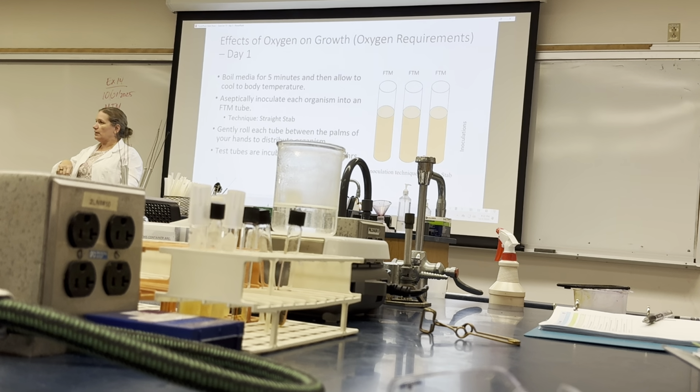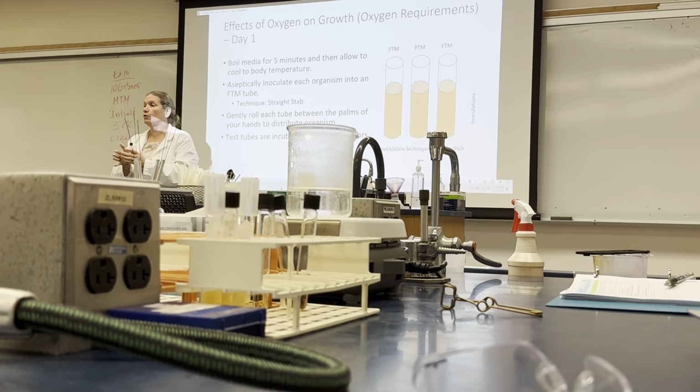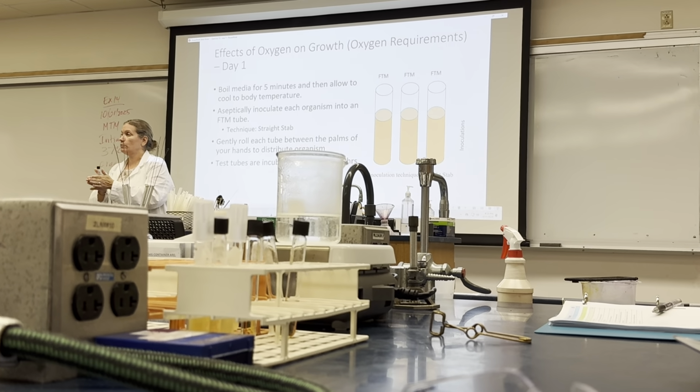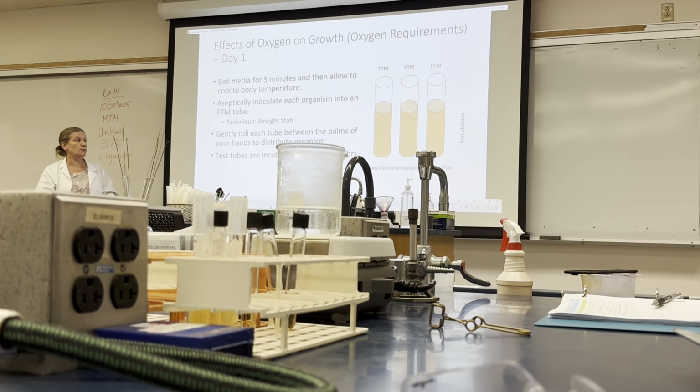If you do a dip and swirl, you're going to introduce oxygen, right? So we straight stab solely so that we don't introduce extra oxygen. Okay? Once you straight stab, you're going to then turn around and do a gentle roll, just go like this, to help mix that specimen or inoculum in the tube.